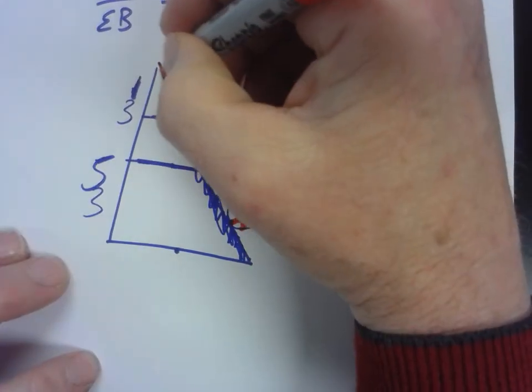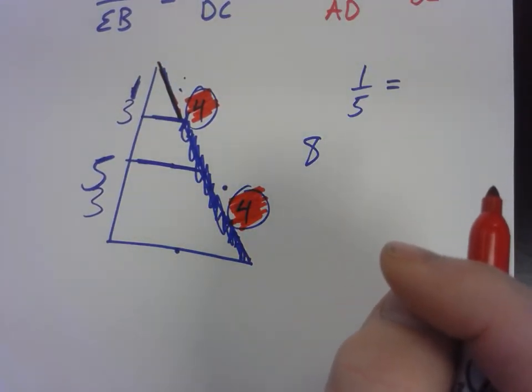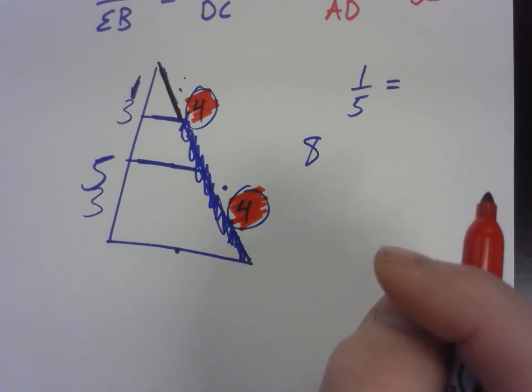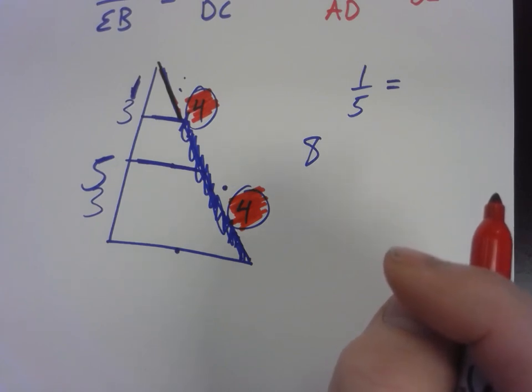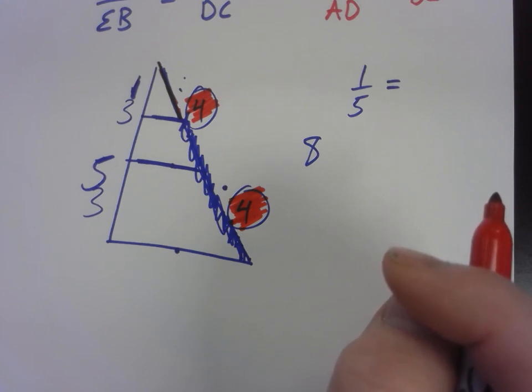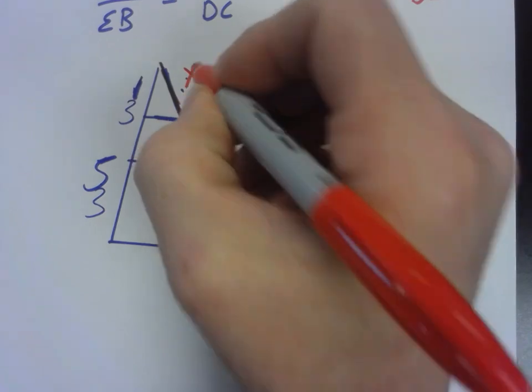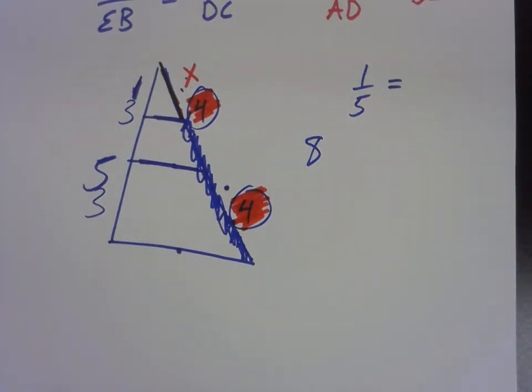Let's just give this little short piece a name. George? Fred? What would you like to call it? Bob? Okay, so what do we call it in math? X. Let's call it X. Okay?